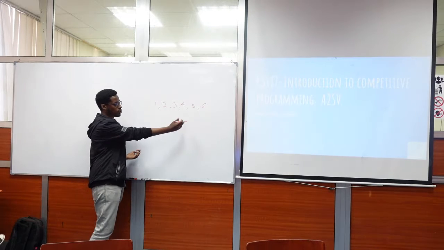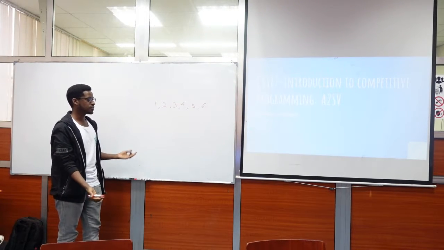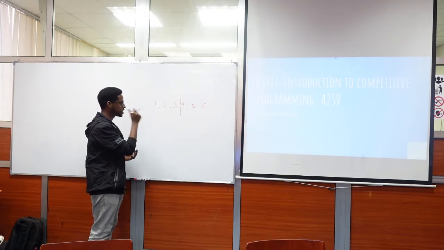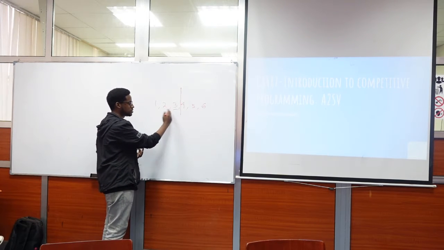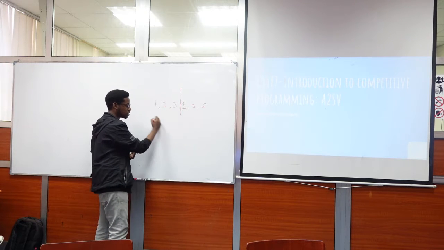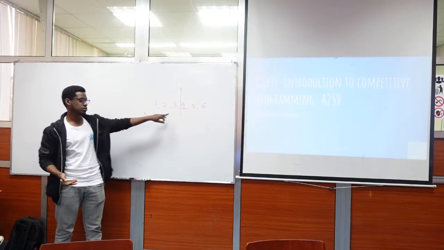So if you had 1 up to 6, and we're supposed to search for 5, first you divide it into 2. The middle element in this case would be 3, because 0 plus 6, yeah, it would be 4. Since we're finding 5, we compare it with 4.